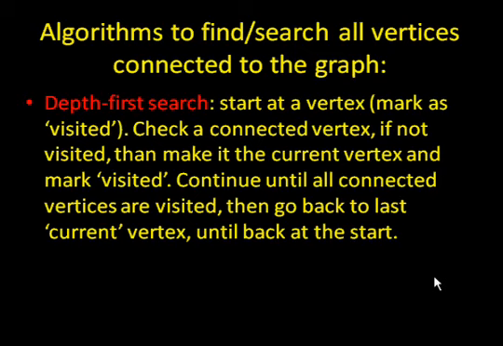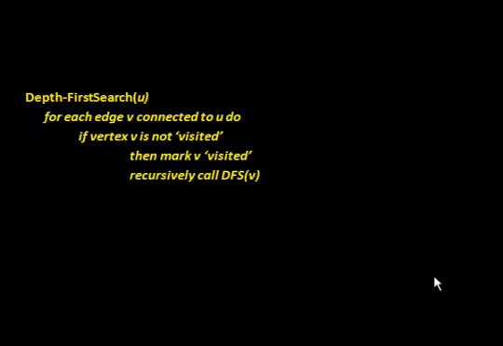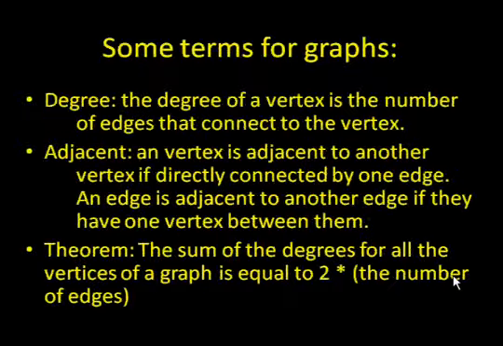You continue this with that current vertex, checking for another connected vertex, and you continue until all the connected vertices are visited, at which point you go back to the last current vertex you had, and you keep going back and back until you eventually return to the very first vertex you found. And yeah, that's it.